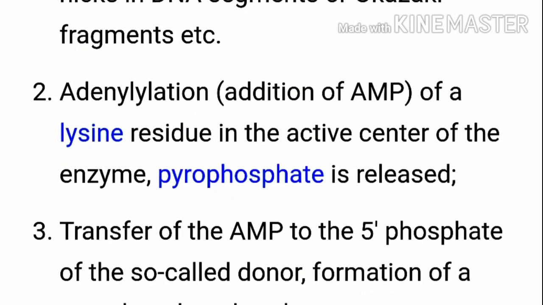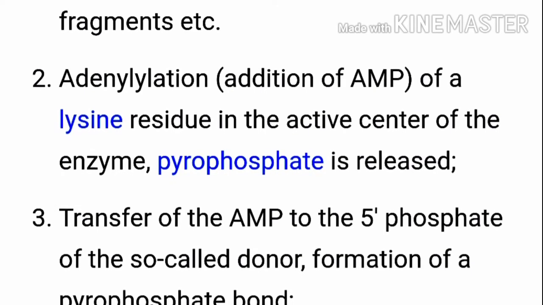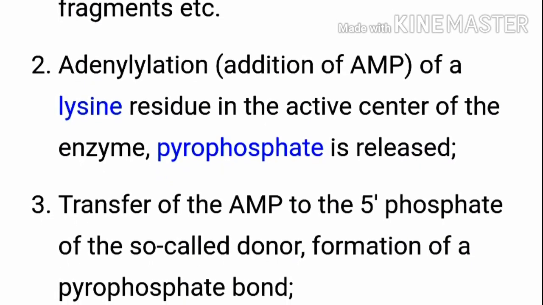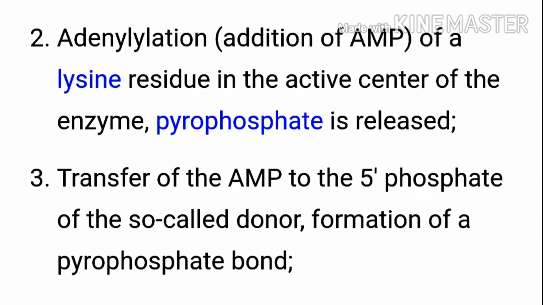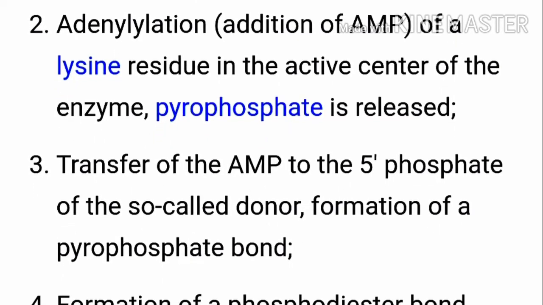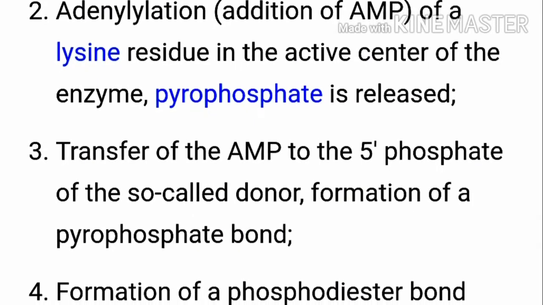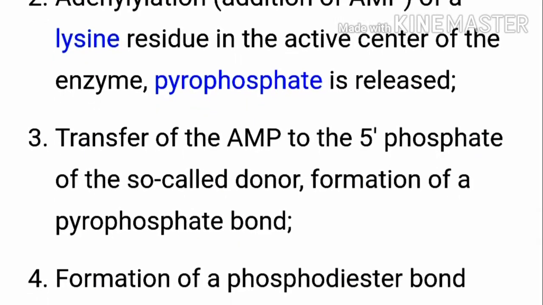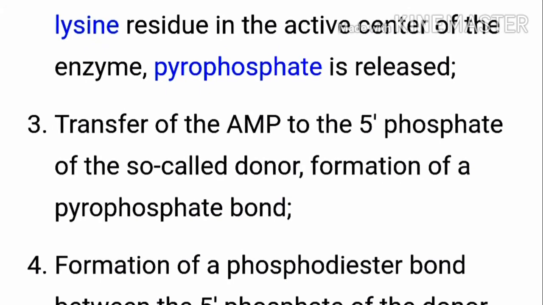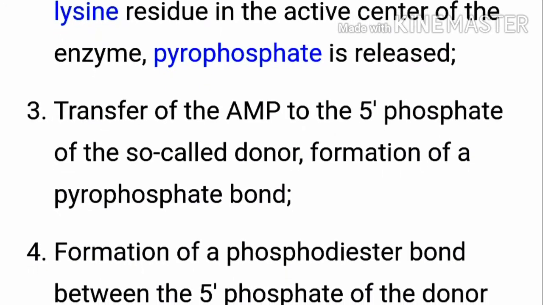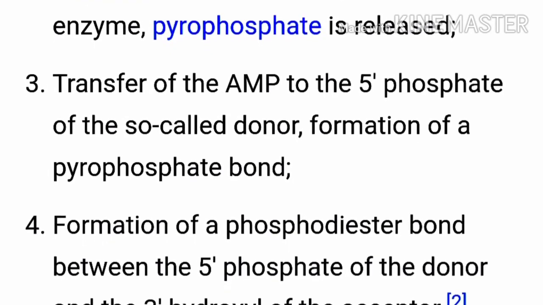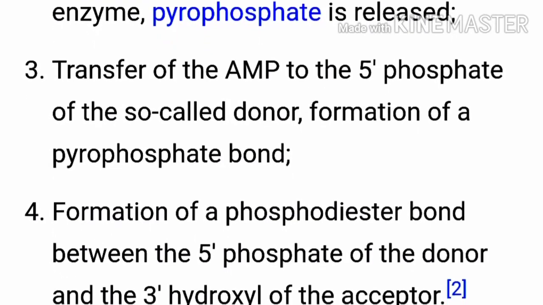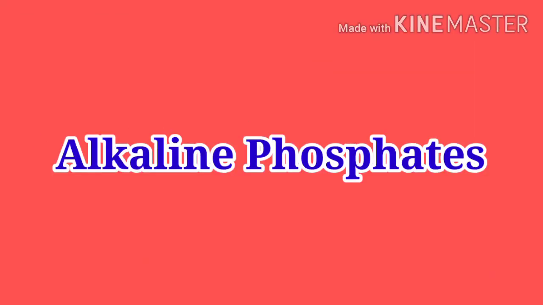Now, in the third step, transfer of AMP to the 5' phosphate of the so-called donor, formation of a pyrophosphate bond. Now next, formation of a phosphodiester bond between the 5' phosphate of the donor and the 3' hydroxyl of the acceptor. Now next, the alkaline phosphatase.